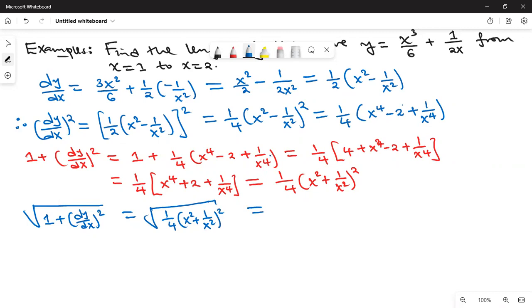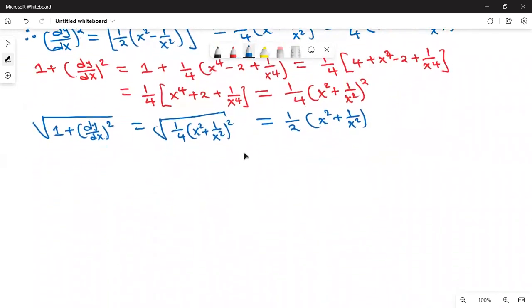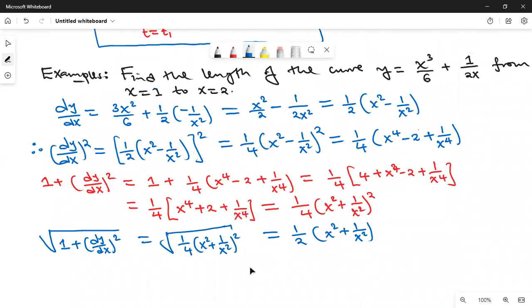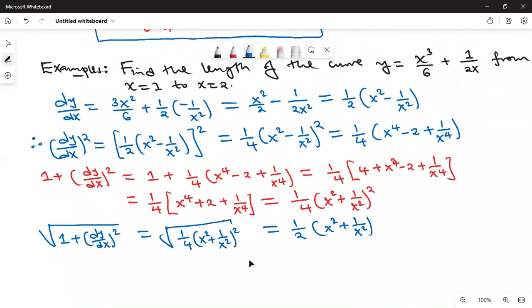So that square root should give us 1 over 2 times x squared plus 1 over x squared. That's what you get when you find the square root. Now with that, it's now easy to find the arc length. Remember, arc length is just the integral of that square root from x is equals to a to x is equals to b. In this case, our a is 1 and our b is 2.